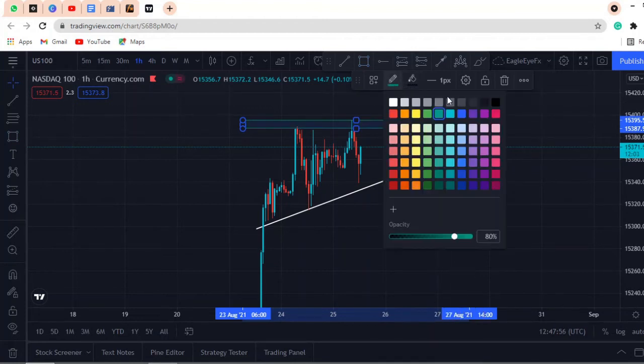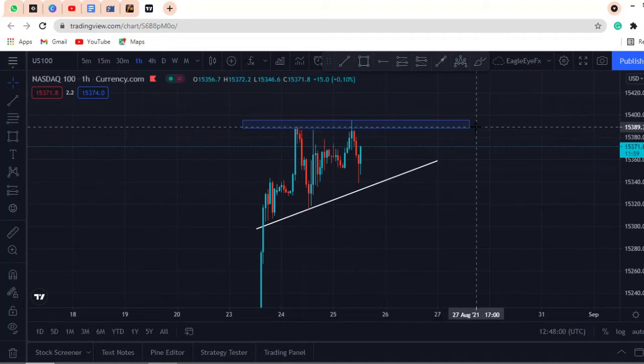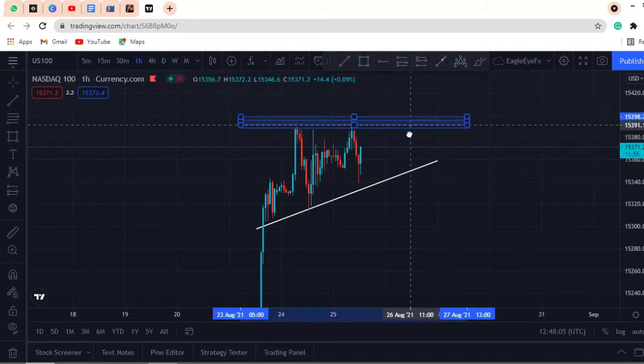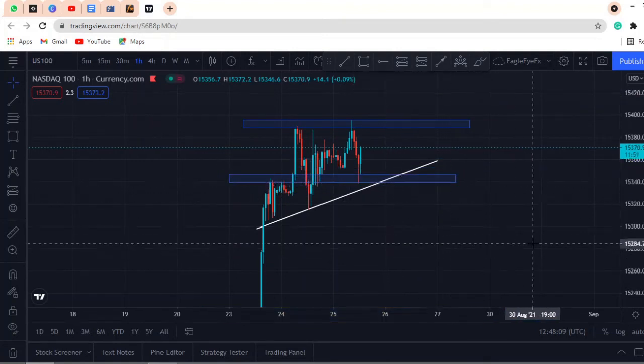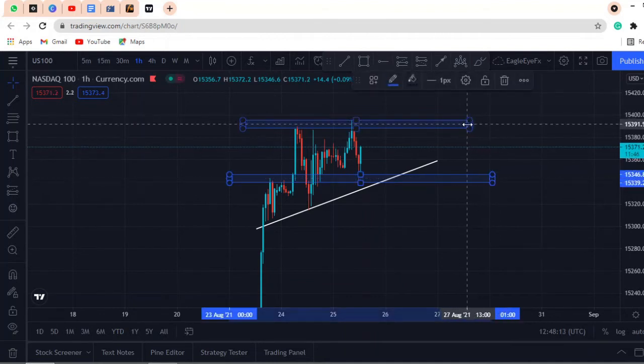Let me change this color. All right, like that. Or we can do this, clone this, then put this here. And the reason for that is simple. I'm going to explain it just now.